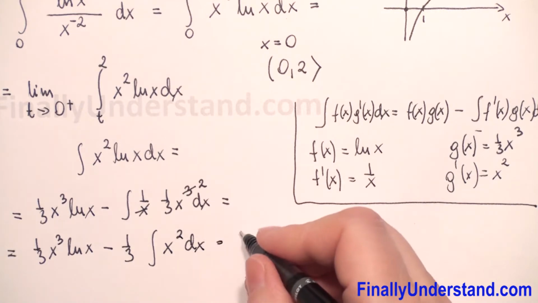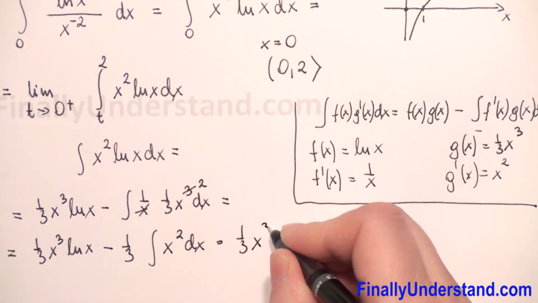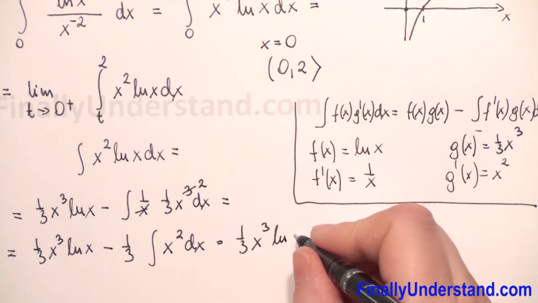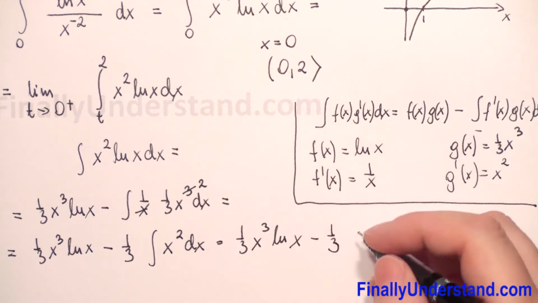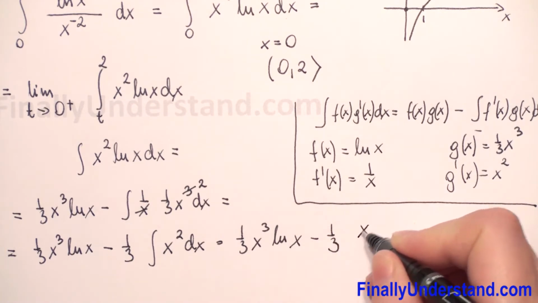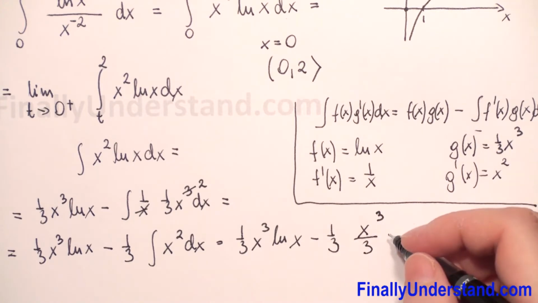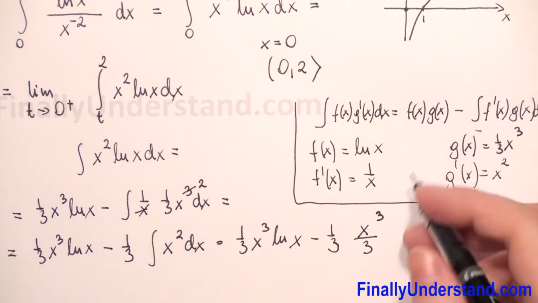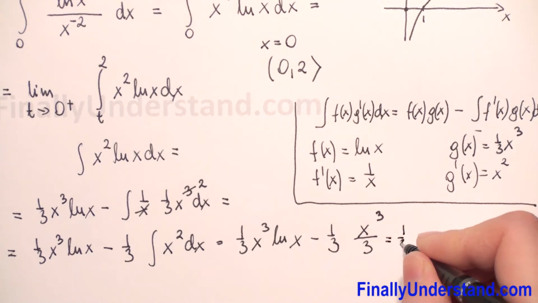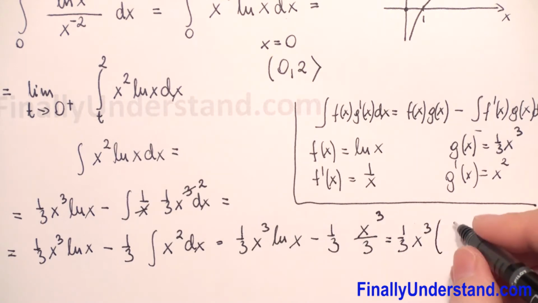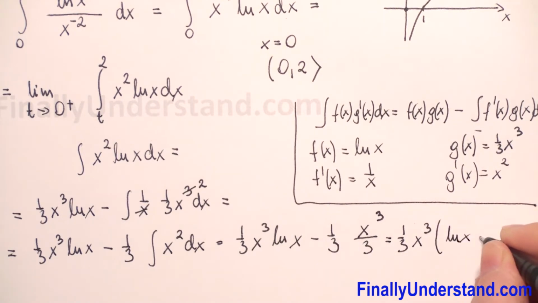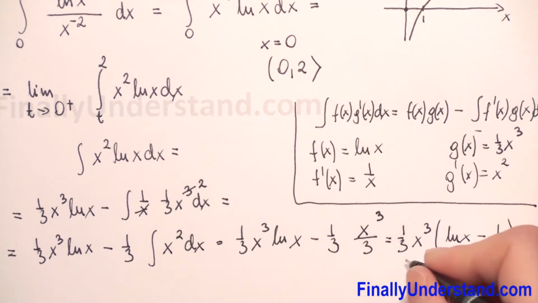So this is equal 1/3 x cubed natural logarithm of x minus 1/3 integral of x squared is equal x to power third over 3. Now we can factorize 1/3 x cubed, and we will have in parentheses natural logarithm of x minus 1/3.